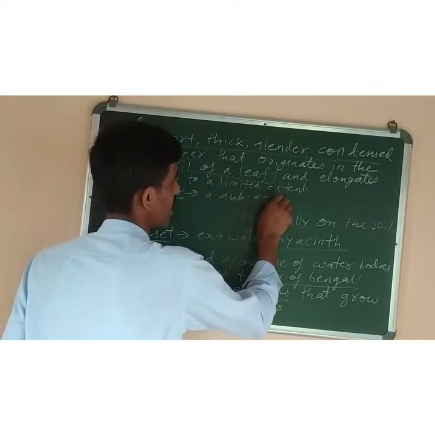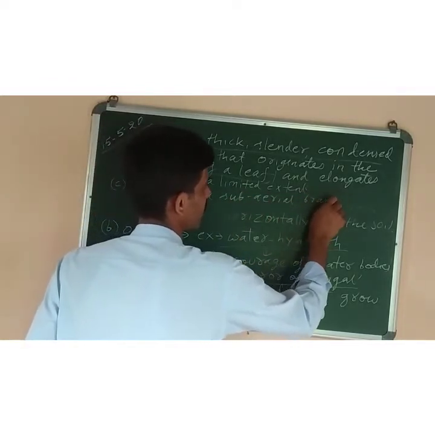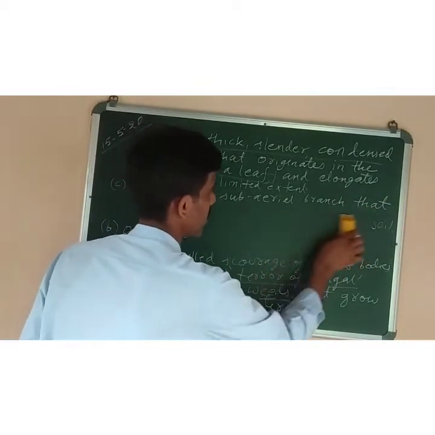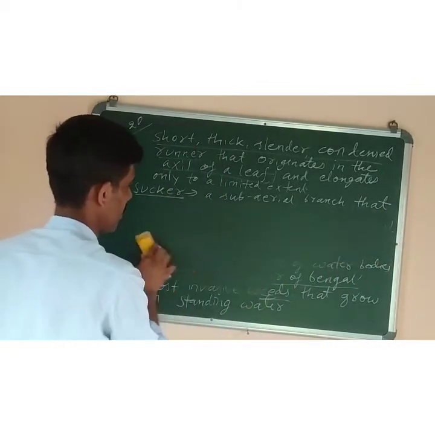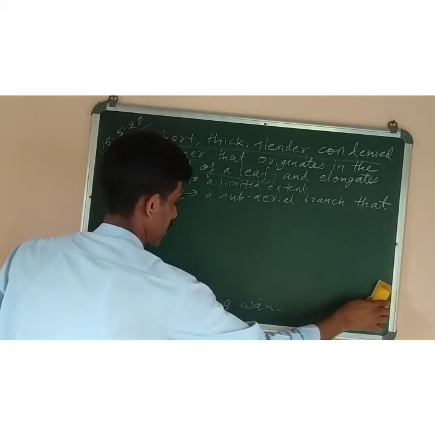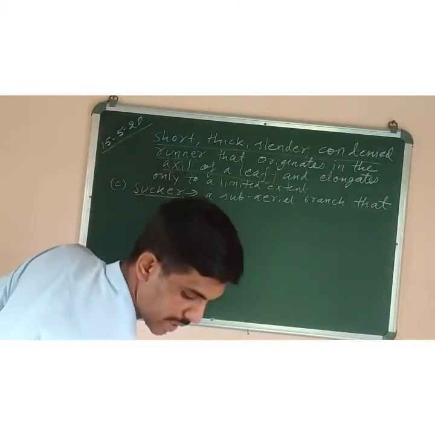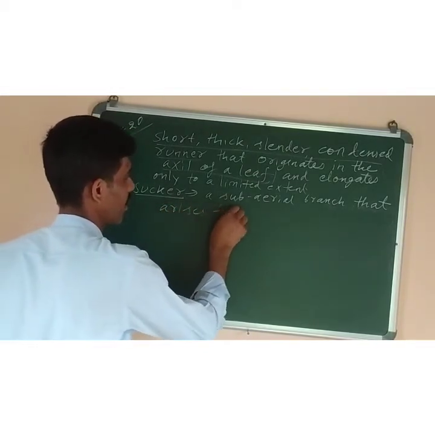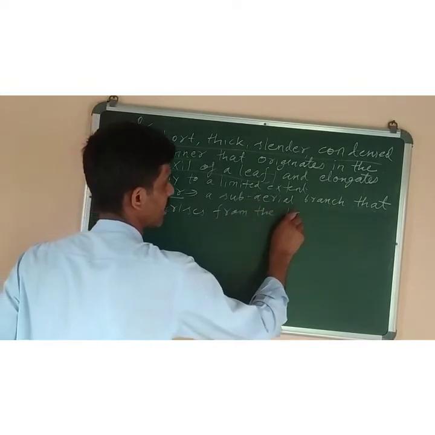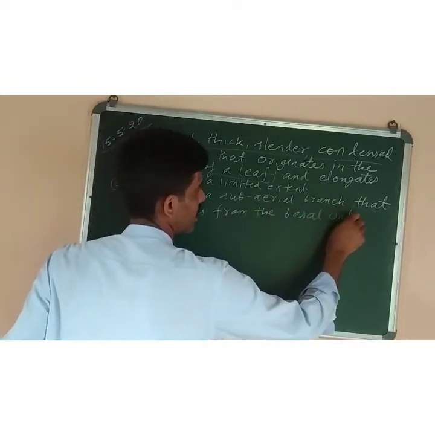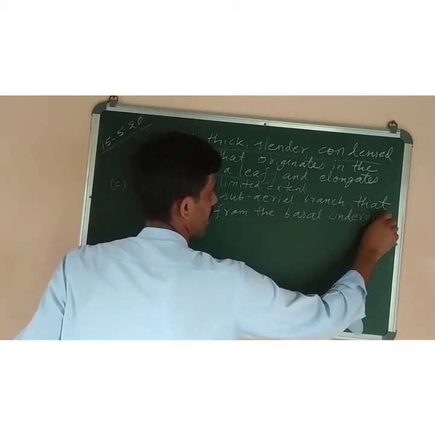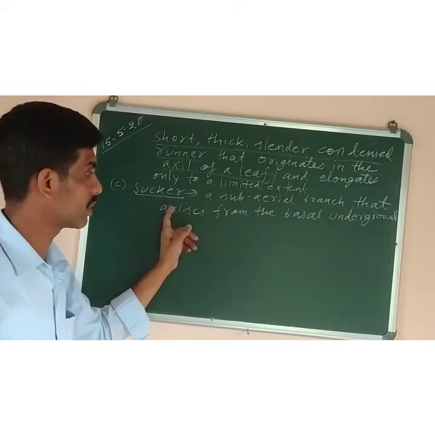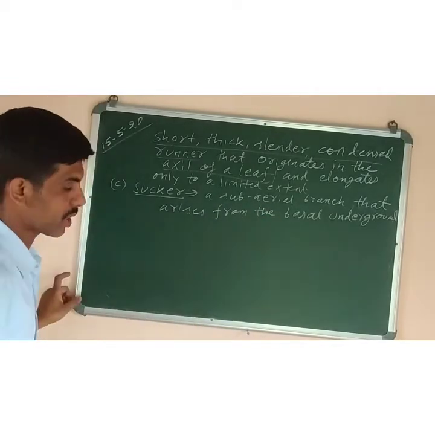A subaerial branch that arises from the basal underground. It is a subaerial branch which arises, means which is born, from the basal underground portion of the main stem.